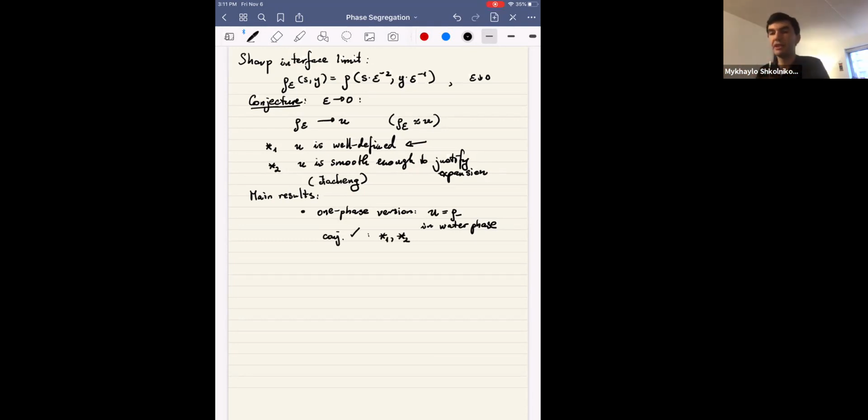In this case, we can show on the one hand that indeed u is well defined, and on the other hand, we can show that it's a classical solution, so it's in a nice enough space that you can justify the asymptotic expansion and prove that u is indeed the limit of rho epsilon, so of the scaled concentration in the Giacomin-Lebowitz setup. So that's one result. Our second result concerns the general case.